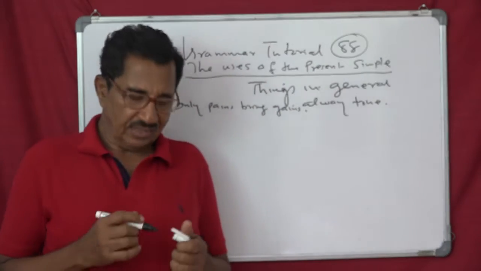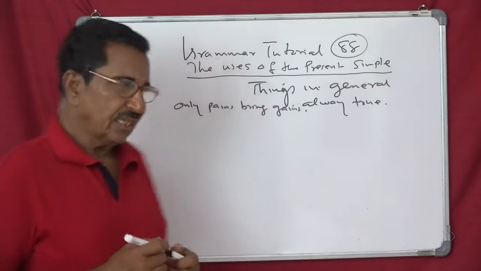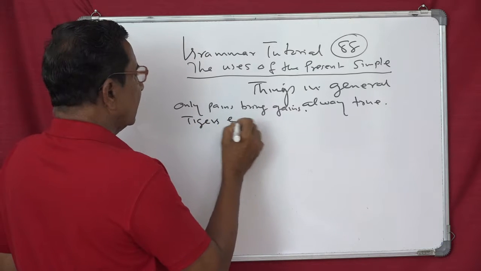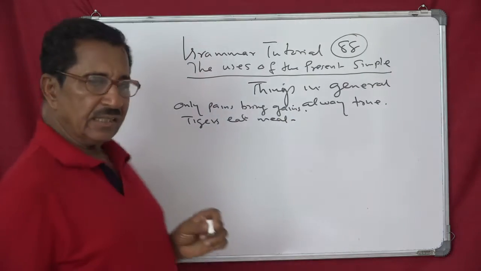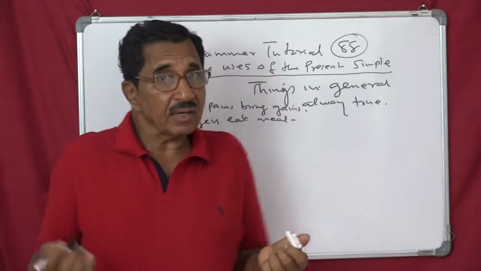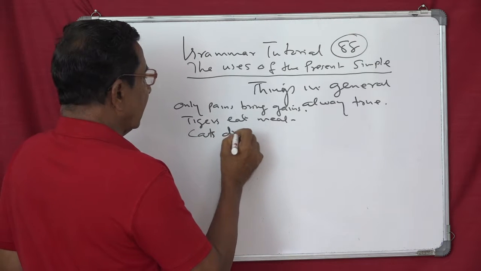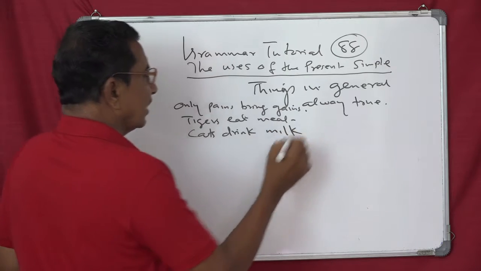Or we can say that tigers eat meat. Right? Tigers eat meat. Cats drink milk. These are general facts. Cats drink many other things also, but we say cats drink milk.